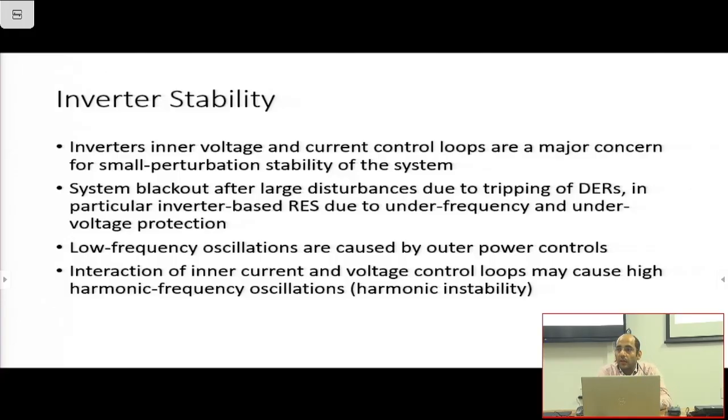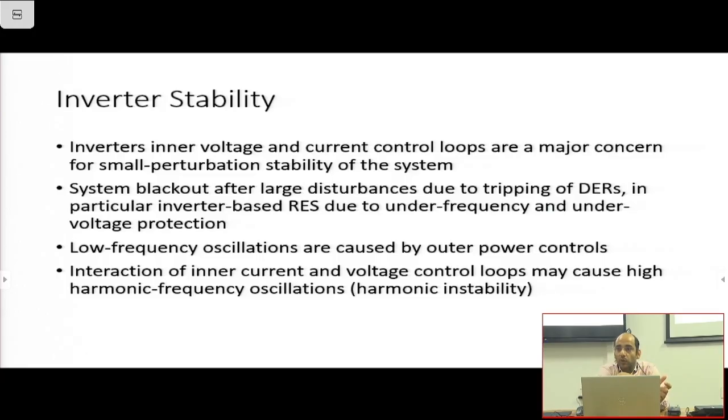Okay. One very important problem that arises due to the controls of the inverter is the low frequency oscillations. The low frequency oscillations are mainly caused by the power controllers. So far we have just discussed the inner loop and the outer loop, which are related to just one single inverter. But we have not yet discussed how the inverters share power with each other.